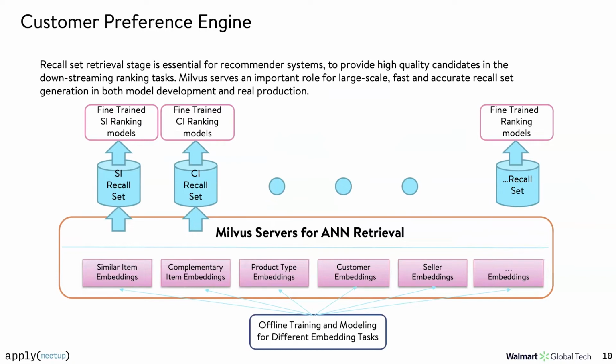Moving to the next slide, we also talk about one of the use cases: how do we generate the recall set at a faster pace, keeping the latencies very low. For this use case, to gather all our embedding data we use the Milvus ANN platform, where we have different collections of embeddings data.